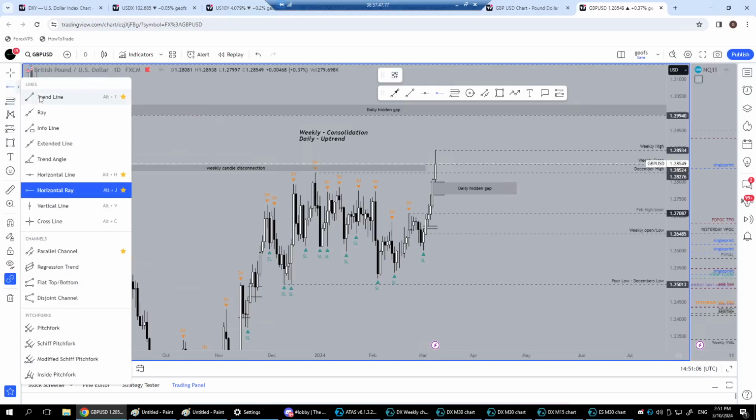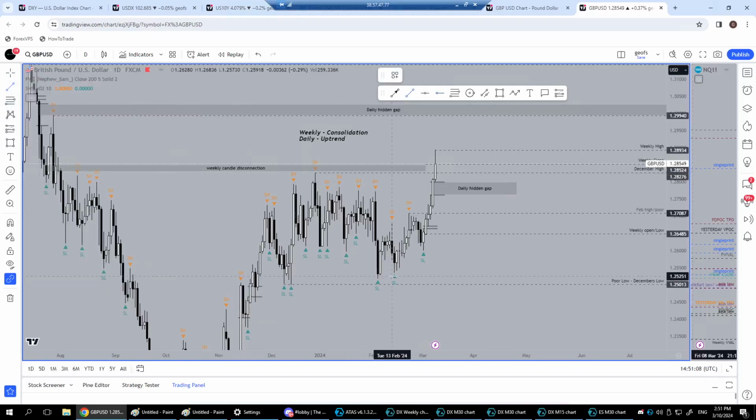Cable. Oh yeah. Moves like hell, man. It's great when you catch it. Tuesday's the best day to trade cable because it makes a very predictable counter trend move.